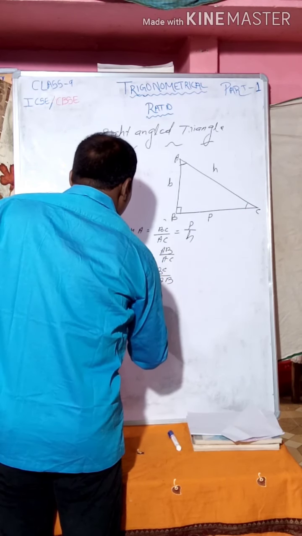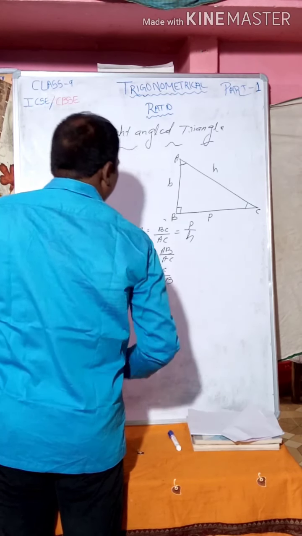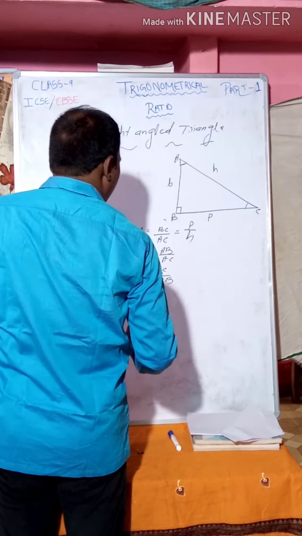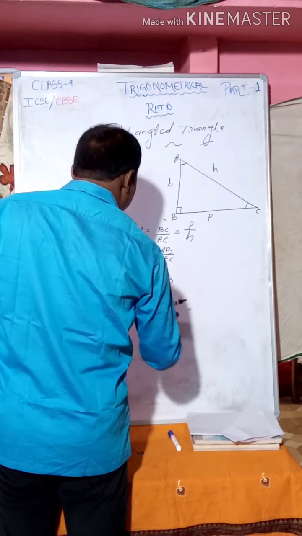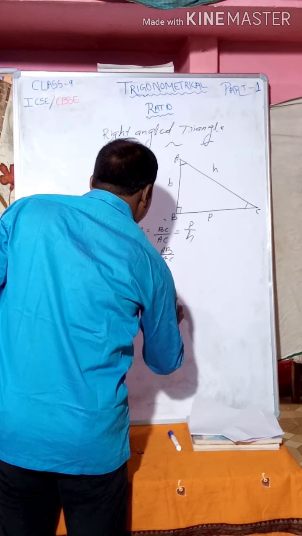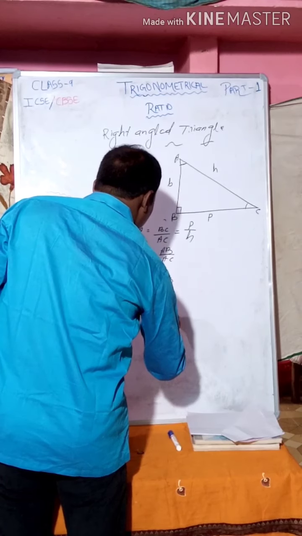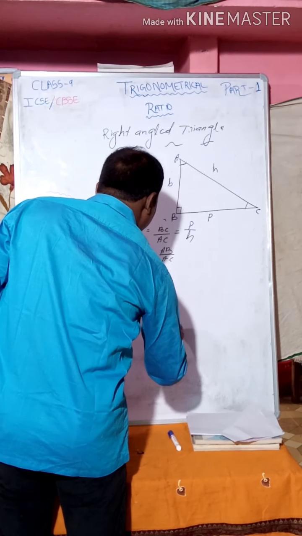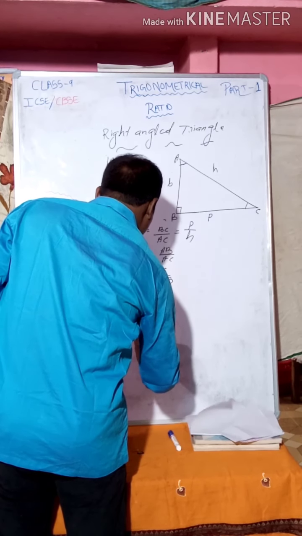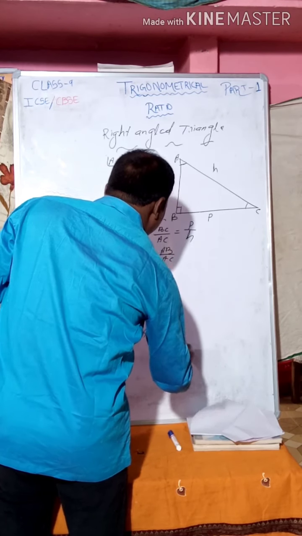Then cot A is equal to B by P, AB upon BC. Sec A is equal to AC upon AB, and cosec A is equal to AC upon BC.